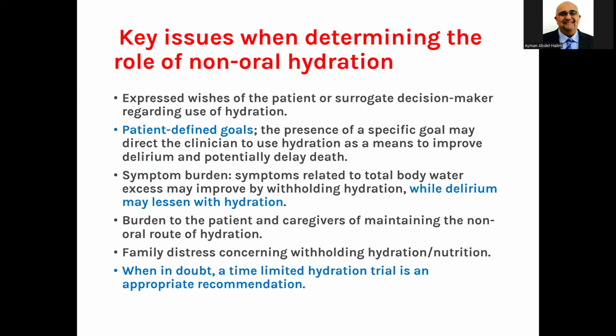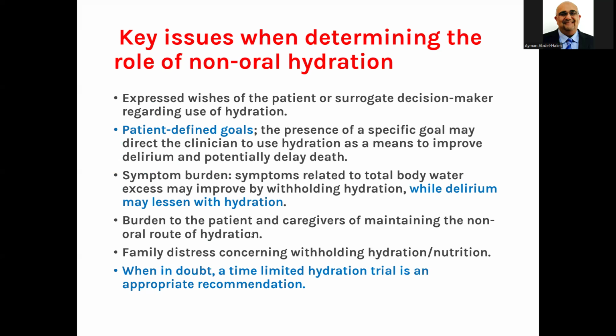So, what are the key issues when determining the role of non-oral hydration? First, the patient's defined goals, or the surrogate, of course, if the patient is not able to communicate. The symptom burden, as we said, the only thing that could be helpful at end of life is improving delirium.